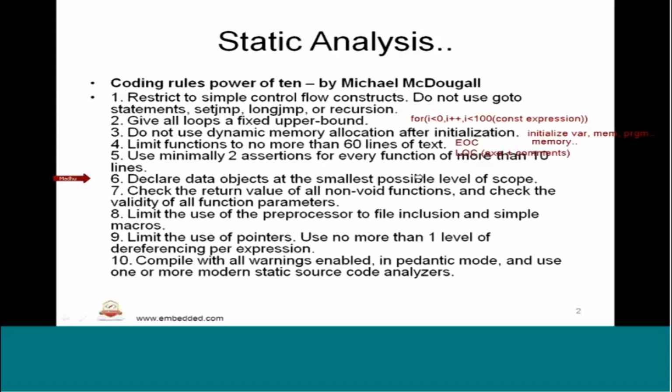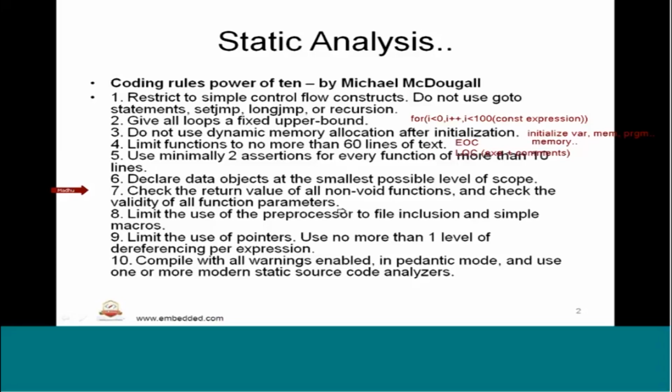That means if you have innermost levels of scope that you define within a function, or sub functions likewise, it is better to declare it if it is required to be used at that level. So use that within that level of scope, any declaration of the data objects which is going to hold the data. Next one is check the return value of all non-void functions.